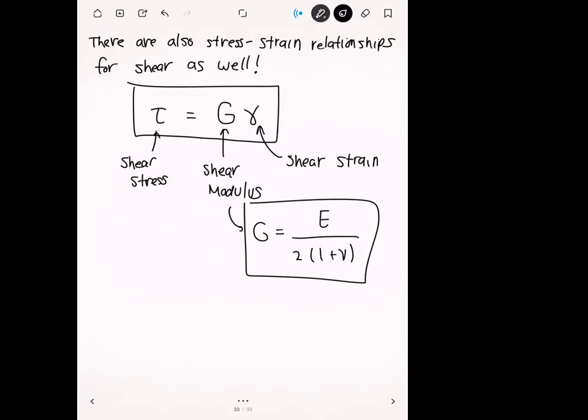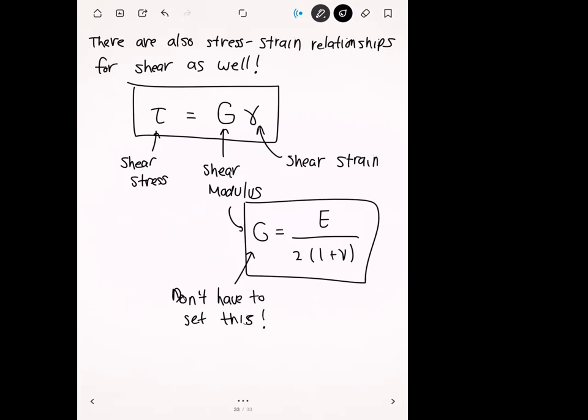Technically, the shear modulus is a different material property for the material, but a lot of times you don't have to actually set this. You'll see this next week when we do our activity.